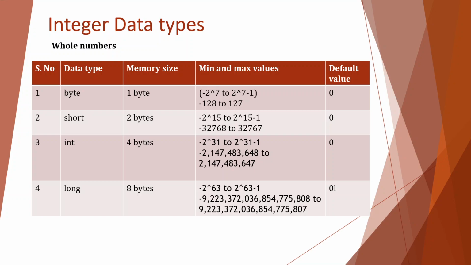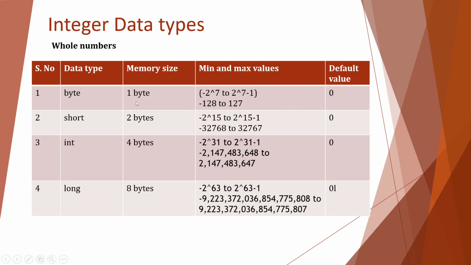So here we have 8 bits. 8 bits is equal to 1 byte. So 2 to the power of 8 means 256 different values we can store. What are those 256 values? They can be either positive or negative values, because all these integer data types accept positive and negative values.